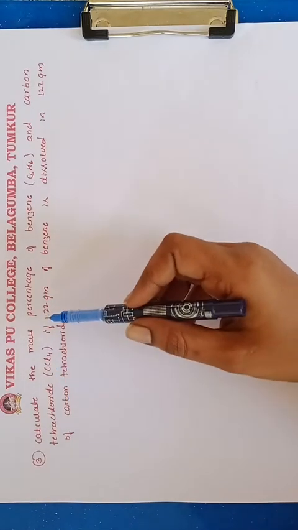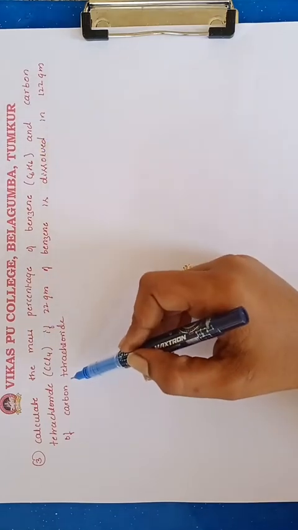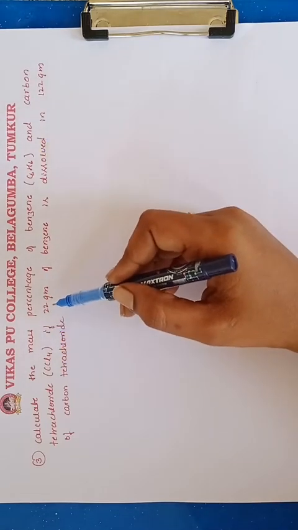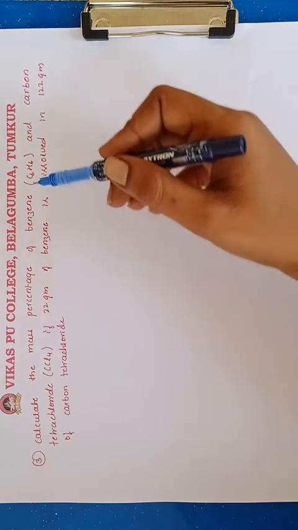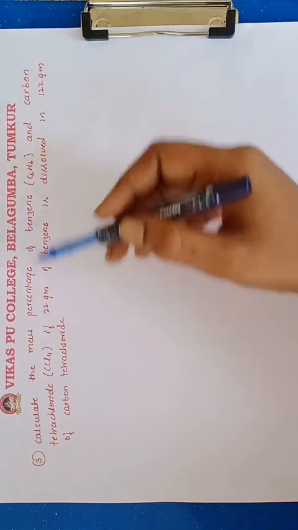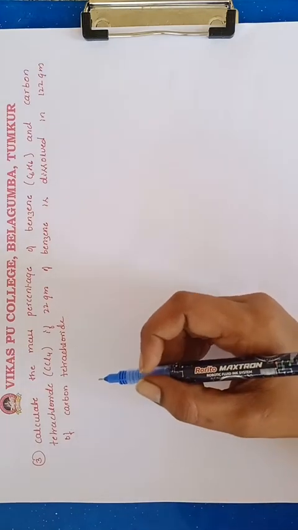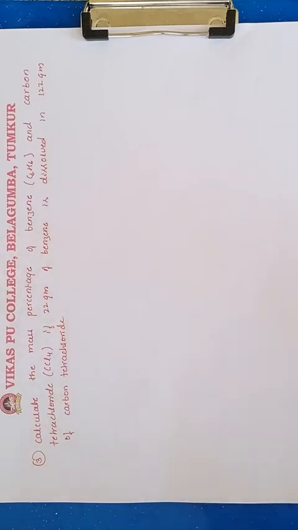Calculate the mass percentage of benzene and carbon tetrachloride if 22 gram of benzene is dissolved in 122 gram of carbon tetrachloride. Here we should know that first we should find out the mass of the solution.